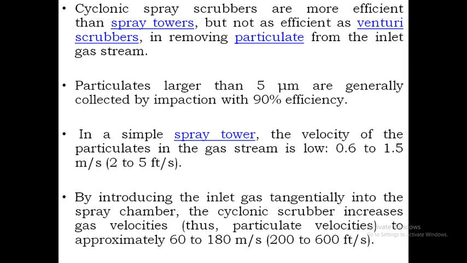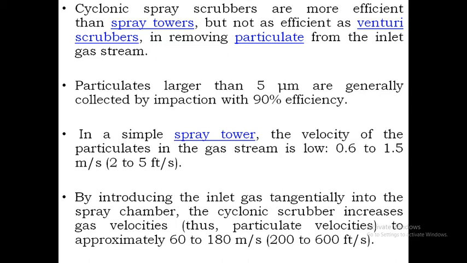The cyclonic spray scrubber is more efficient than the spray tower, but not as efficient as the Venturi scrubber in removing particulate from the gaseous pollutant. Particulate larger than 5 micrometers in size is generally collected by impaction. This is one of the techniques with 90% efficiency.